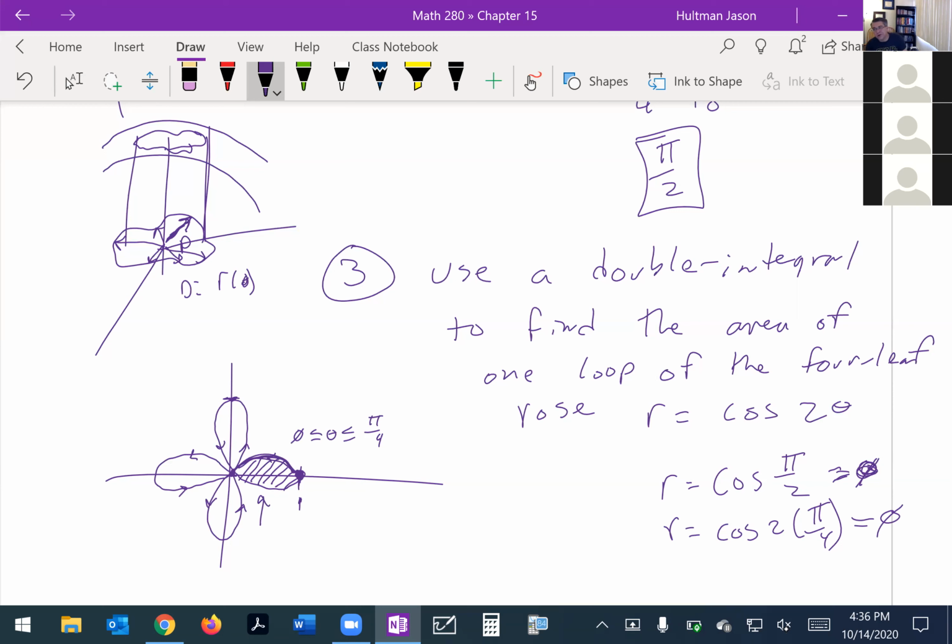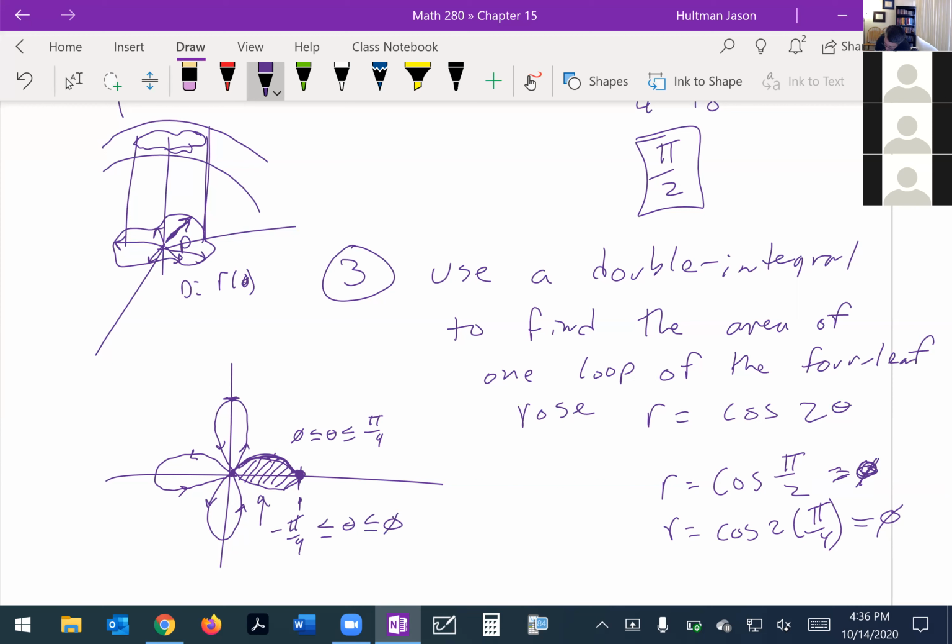What's the bottom arc going to go from? We could say that it goes from 7 pi over 4 to 2 pi if we wanted to. Or we could be kind of sneaky and say that this actually goes from negative pi over 4 to 0.